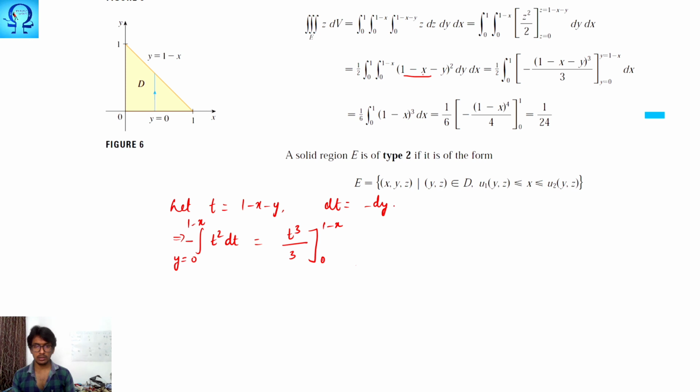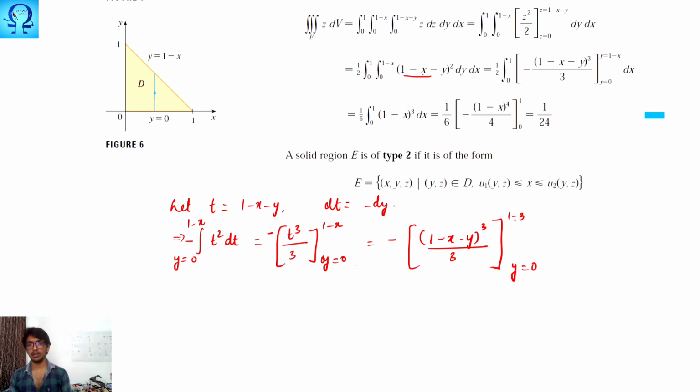This is for y, and you have minus here. So it is minus times of what is t? It is (1 minus x minus y) upon 3, whole cube, over the limit y equal to 0 to 1 minus x.